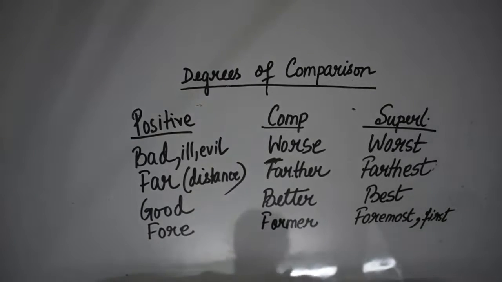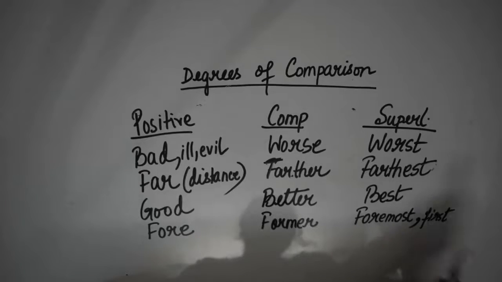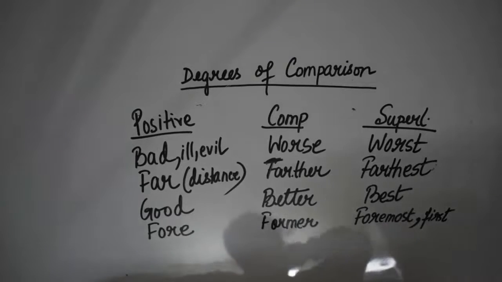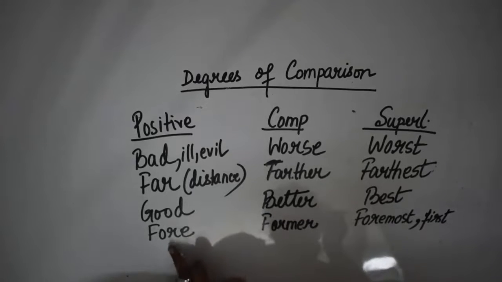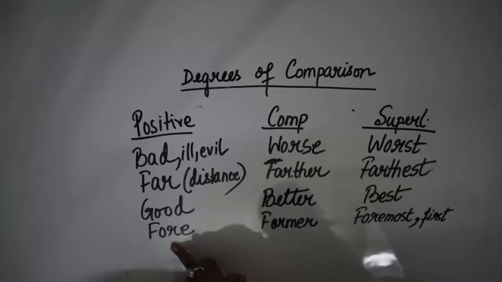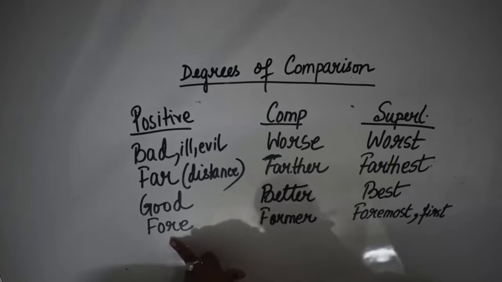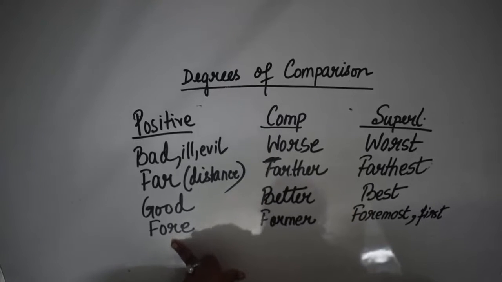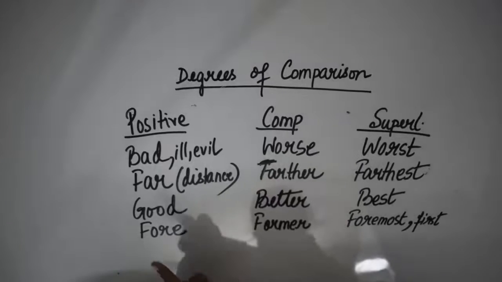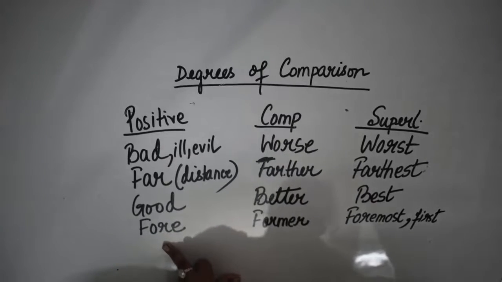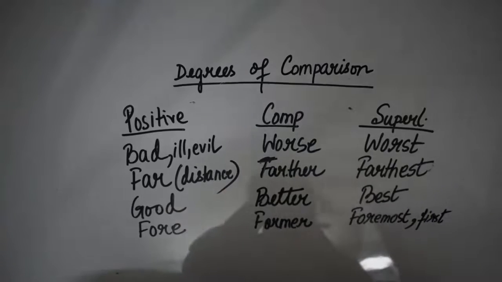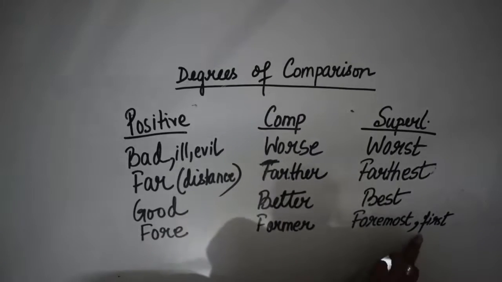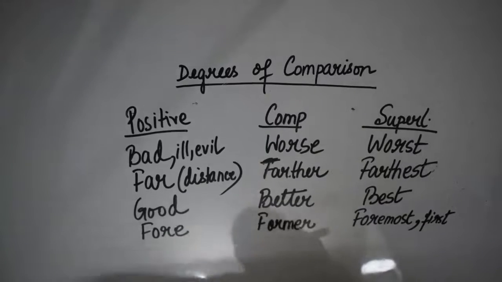Foremost and first mean the same. All these words, like first, come from the positive for. So whenever we are saying first, first is the superlative form of the word for.